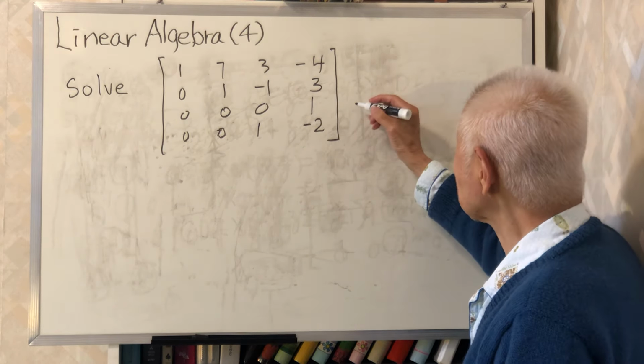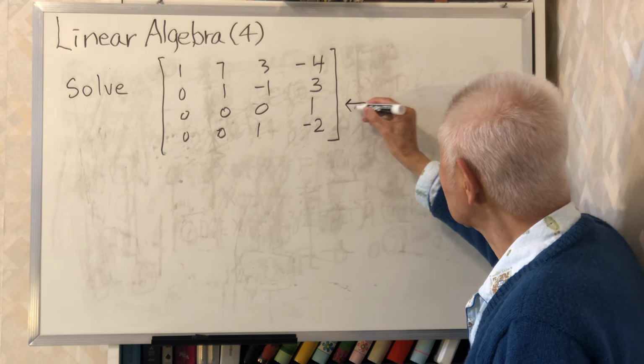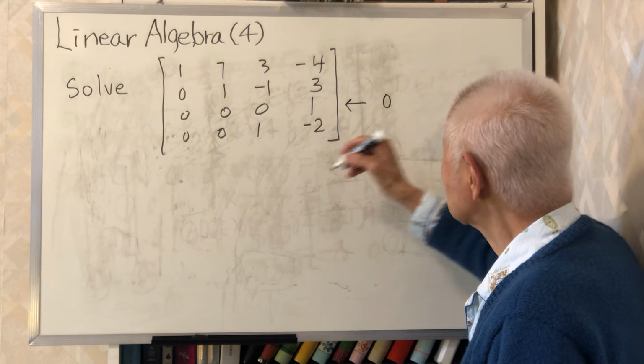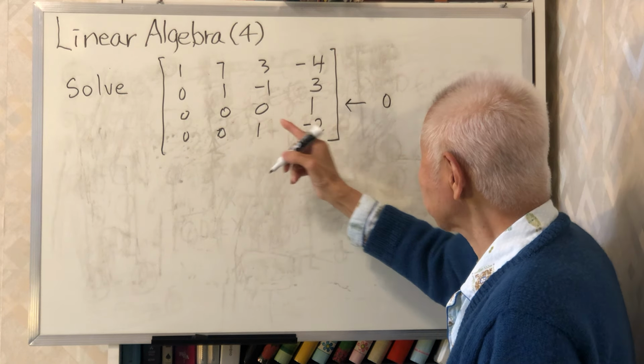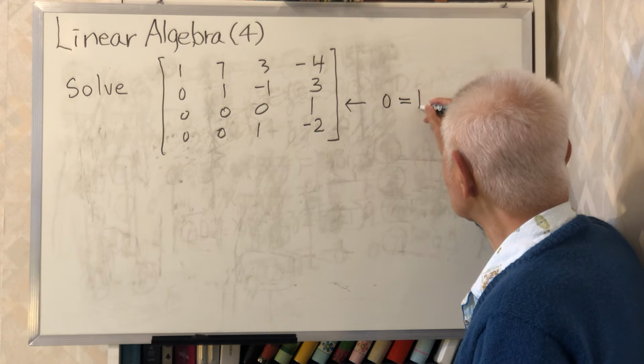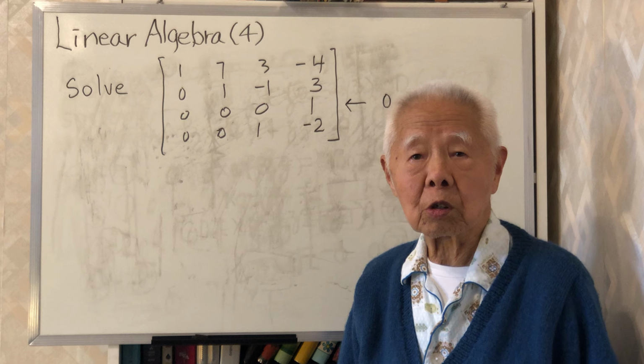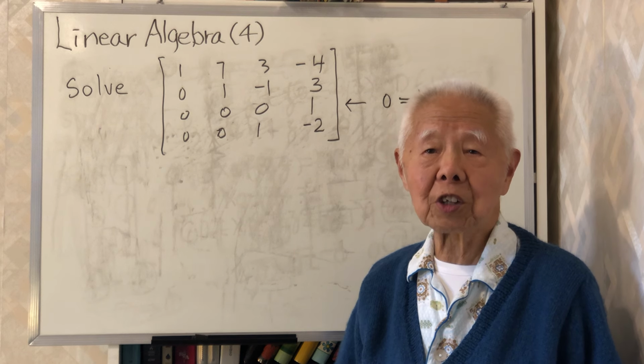Look at the third equation. I have no x, no y, no z, equals 1. This is not true. 0 is not equal to 1.